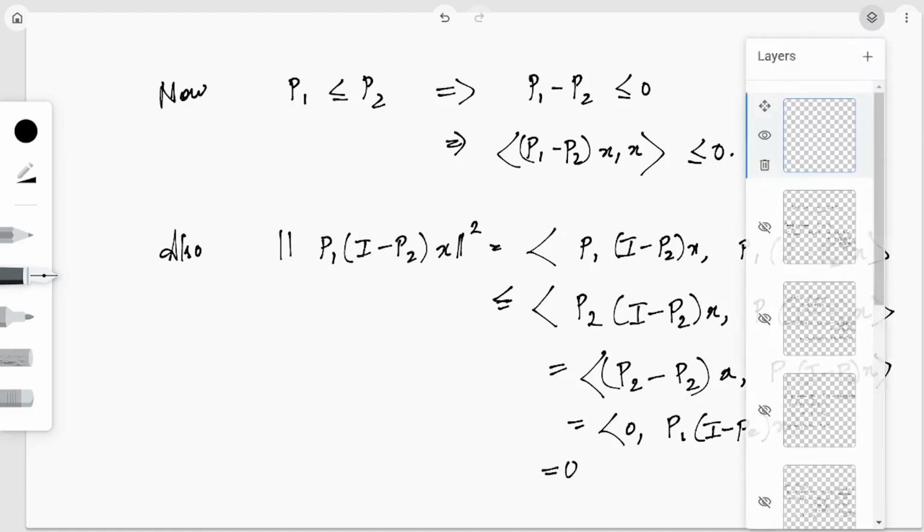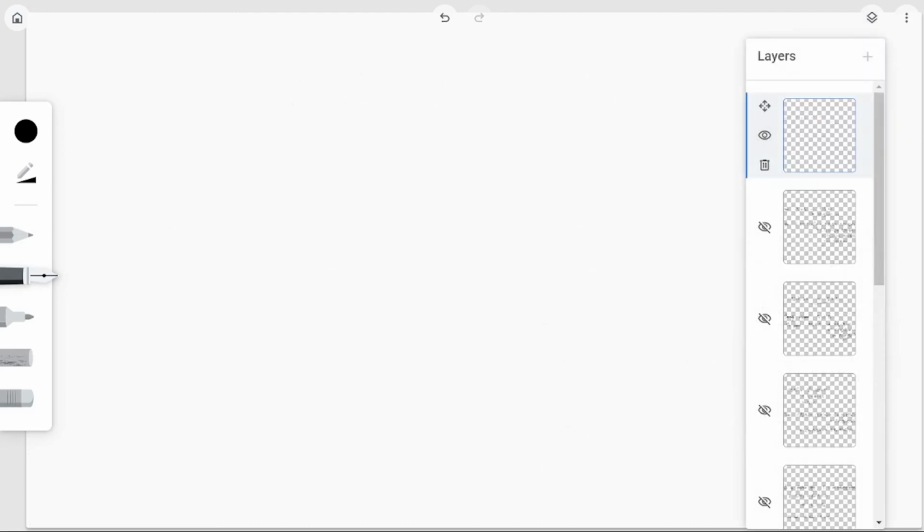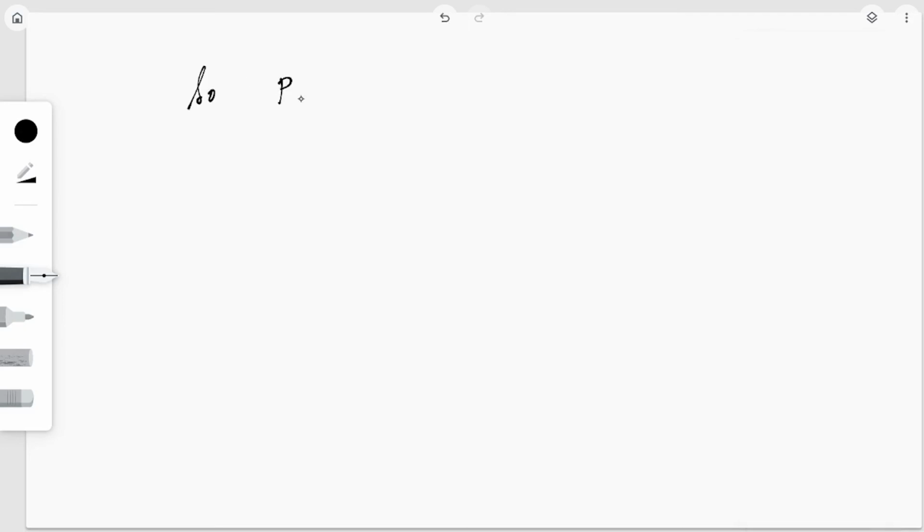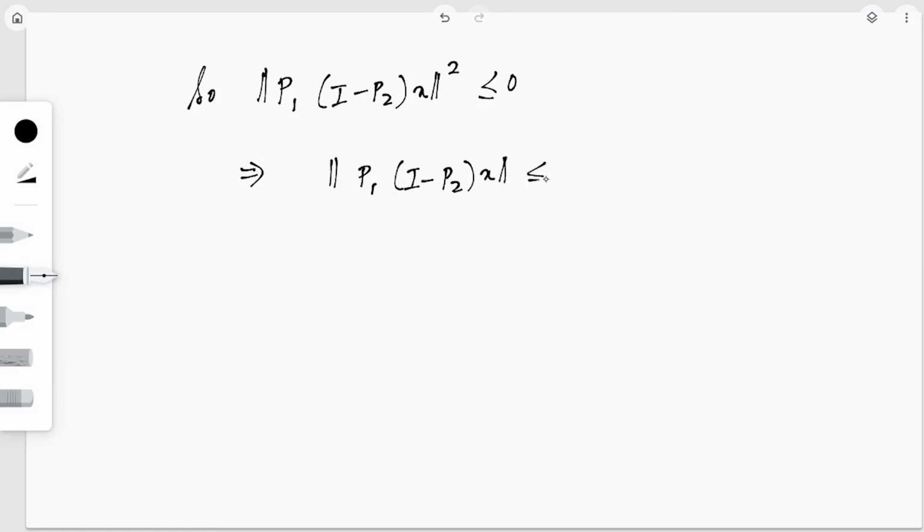So what we have obtained is that the norm of P1 into (I minus P2) of X square is less than or equal to 0. So this implies the norm of P1 (I minus P2) of X is less than or equal to 0, but we know that the norm is always greater than or equal to 0.